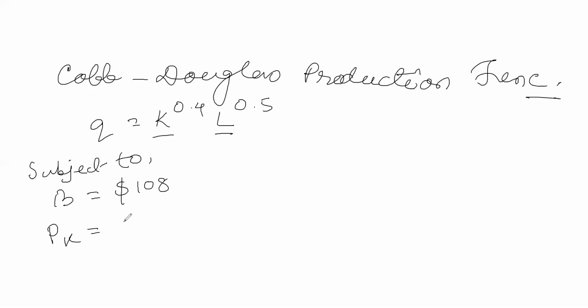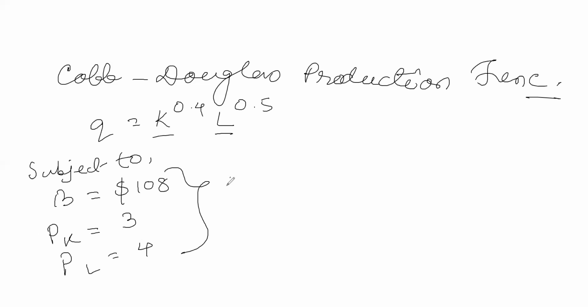information regarding the price of capital, which is equal to 3, and the price of labor, which is equal to 4. That means, given this information, we need to actually build up the constraint equation.